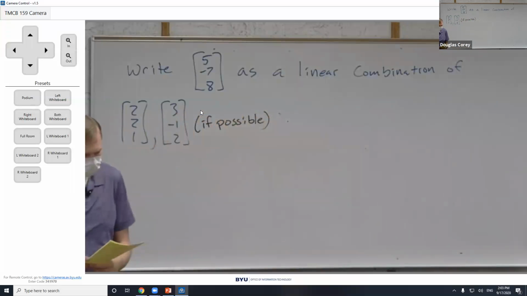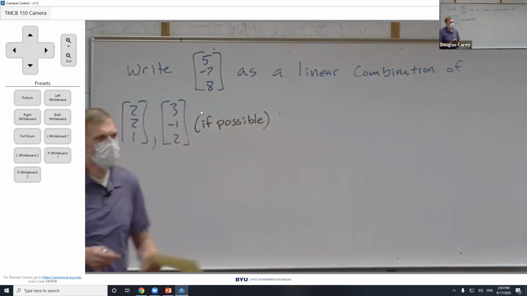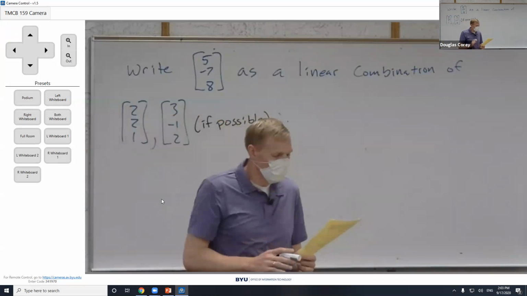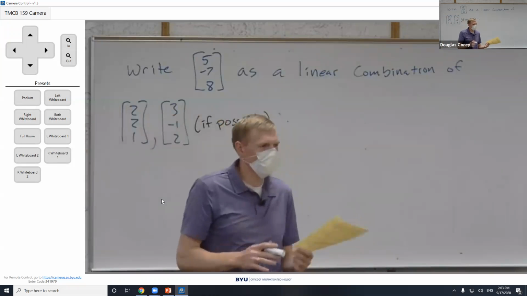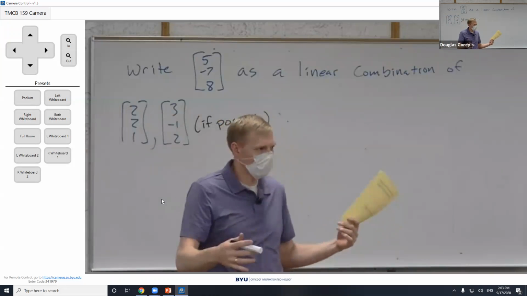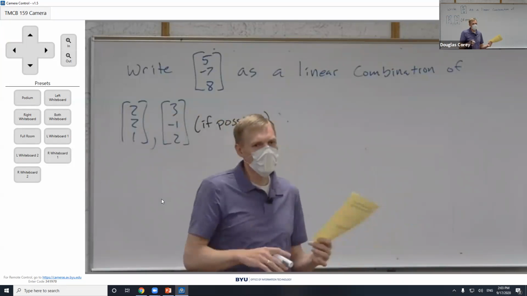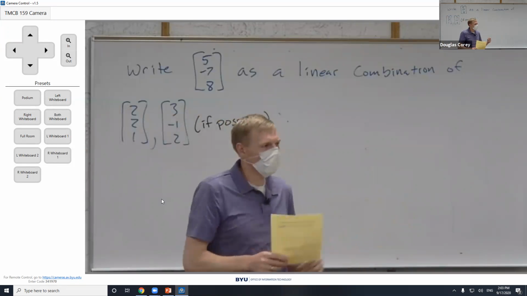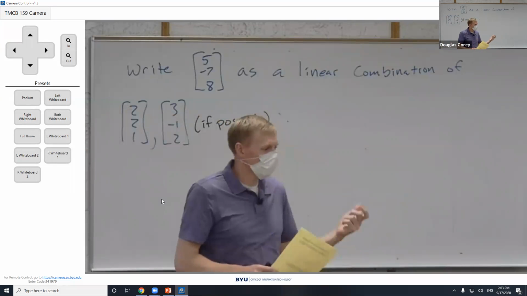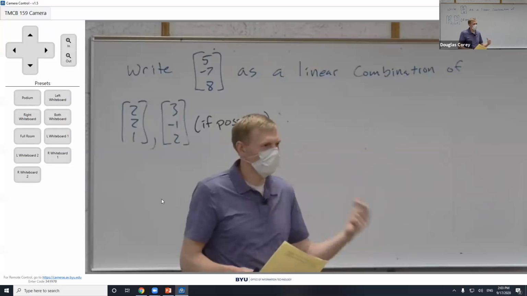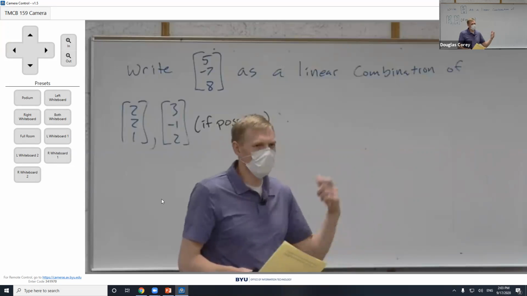Okay. So span answers the question of what are all of the places I can reach with a combination of the vectors that I have? What are all of the places I can reach? So combinations assume that you can take as many or as much of any vector as you want. So you can take one of them or 1/10 of them or 1,000th of them.